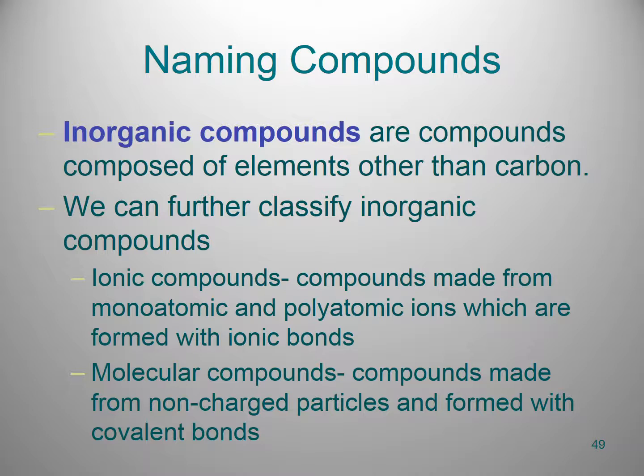And then there's also molecular compounds, and molecular compounds are those made from non-charged particles, and they will form covalent bonds. So we have ionic and covalent. And I will tell you as we go along how to recognize which one it is. Unfortunately, these two systems have their own naming system, so you have to be clear if you're talking about an ionic compound or a molecular compound.